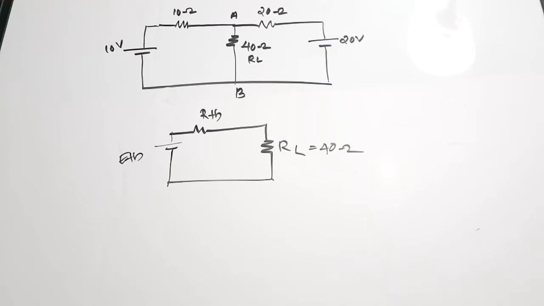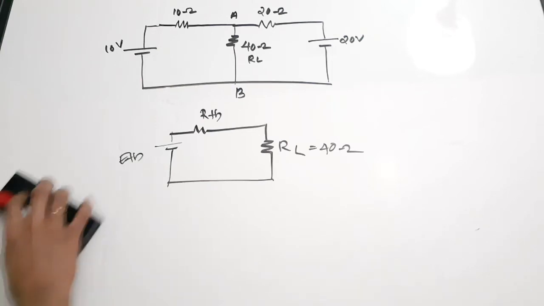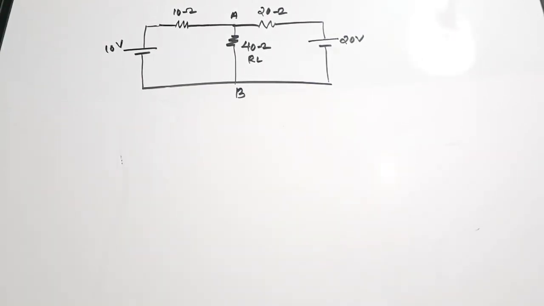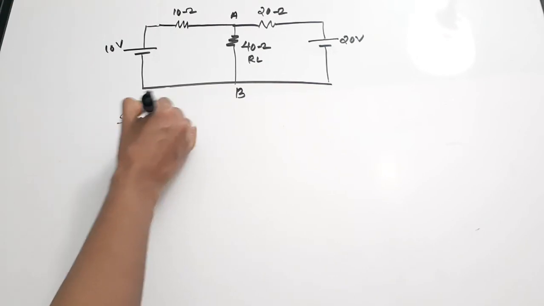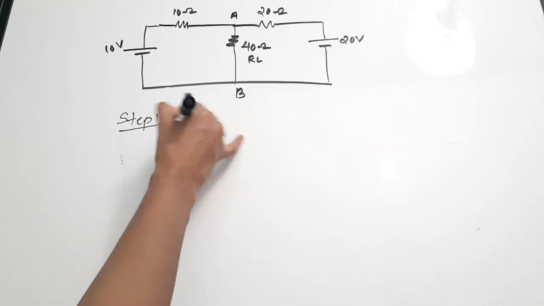You can follow whichever one is comfortable for you first. Anyway, we need to find both ETH and RTH. So first I'm going to find the equivalent resistance. So that I'm going to put as step 1, finding of RTH.